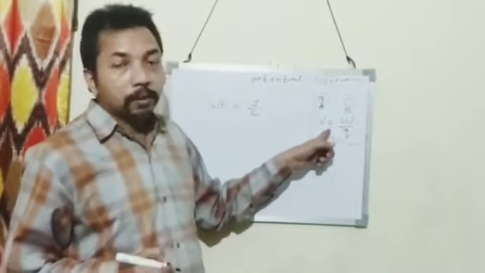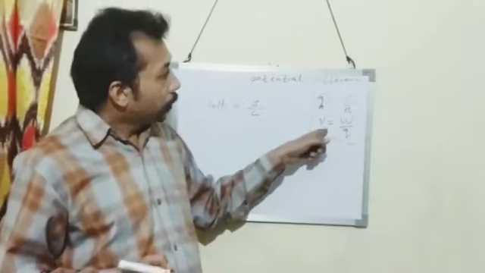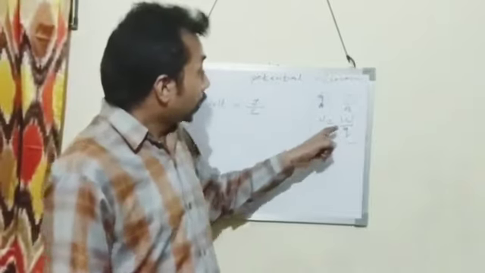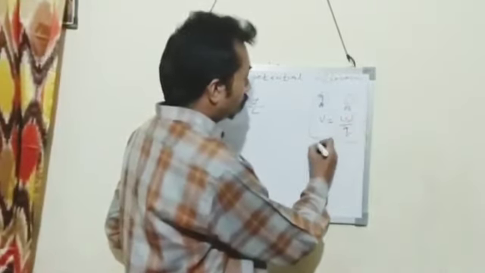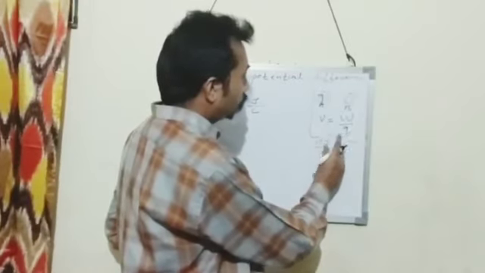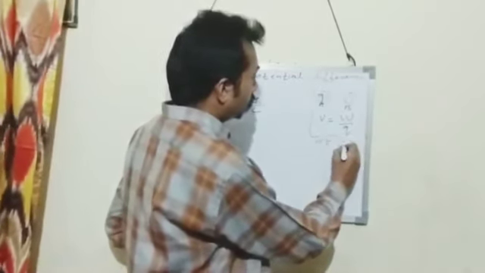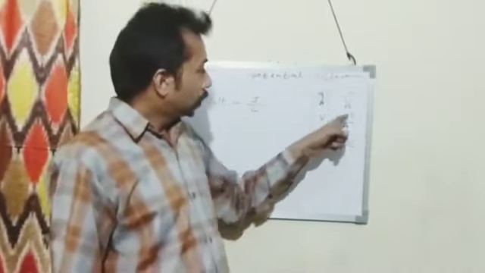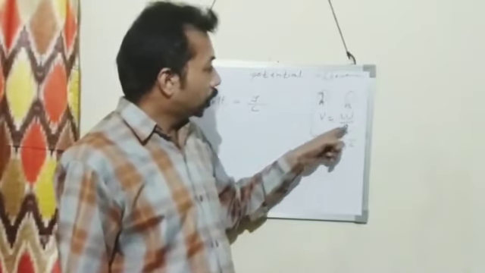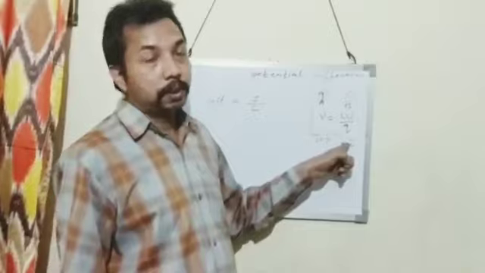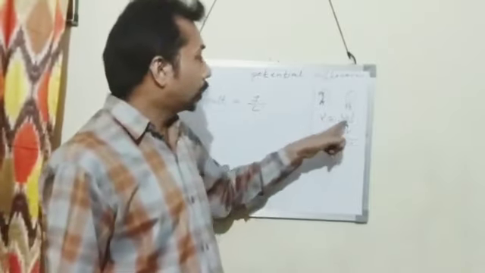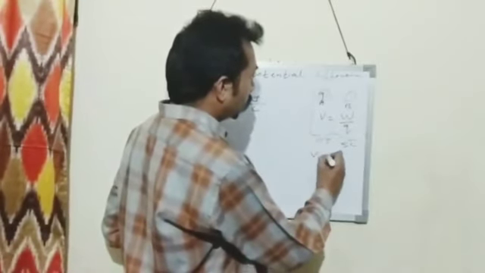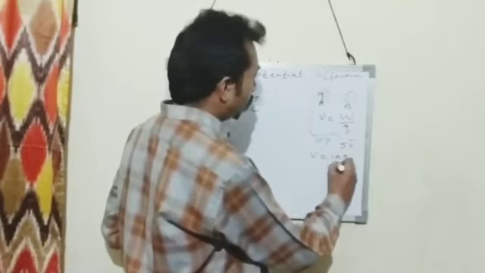From this formula itself you can write. Now see, suppose 10 joule of work is done to move a charge of 5 coulomb. Then what is the electric potential? Just substituting the values in this formula, V is equal to 10 joule upon 5 coulomb.